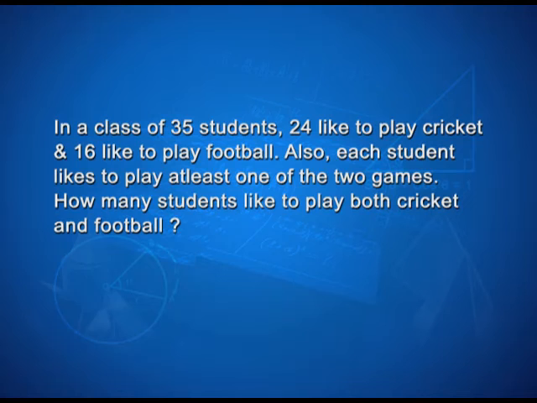Let us now take a few examples where we can apply these properties. In a class of 35 students, 24 like to play cricket and 16 like to play football. Also, each student likes to play at least one of the two games. How many students like to play both cricket and football?